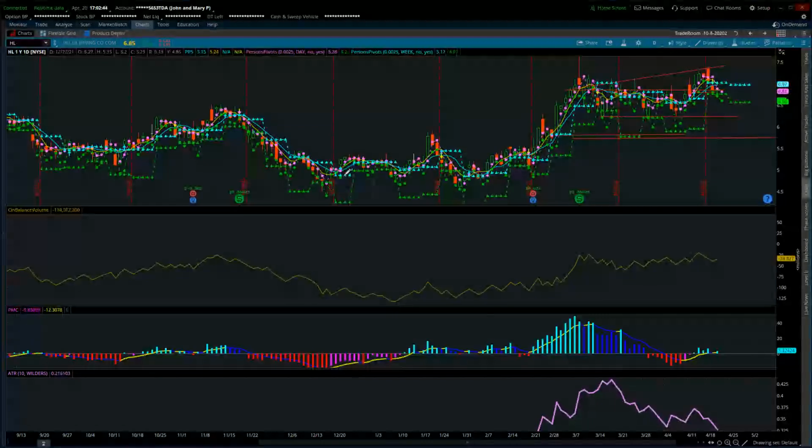So with Hecla Mining, what you see on this chart is my little trend lines that I drew in number one. From the average of these highs to this high, the market made a new higher high, and there was subsequent higher volume, which supports that the move was healthy.